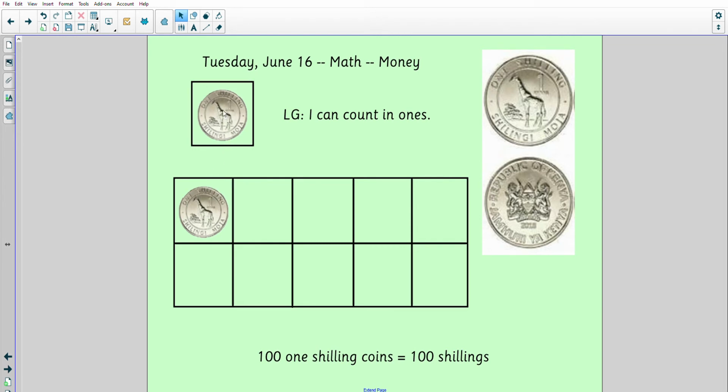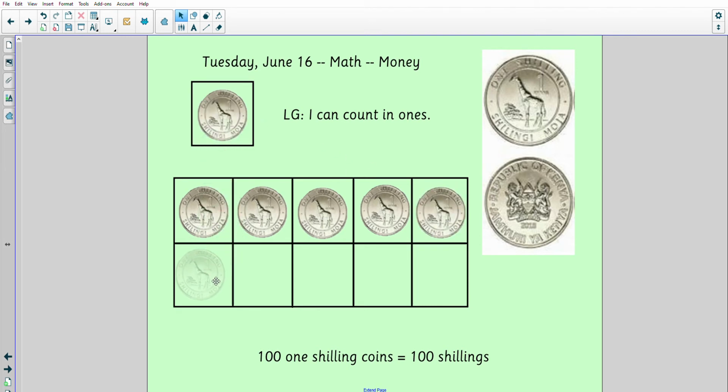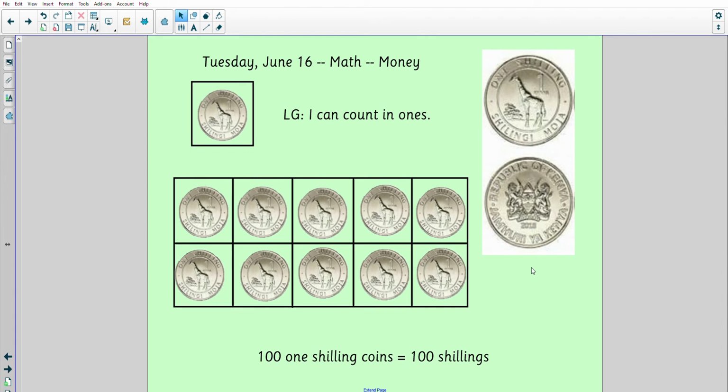We're starting at 1. 1 more than 1 is 2, 3, 4, 5, 6, 7, 8, 9, and 10. Well done.